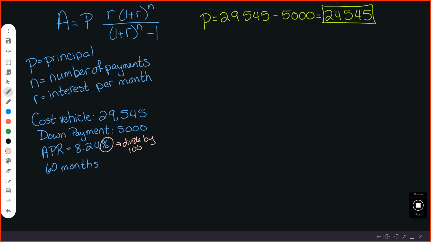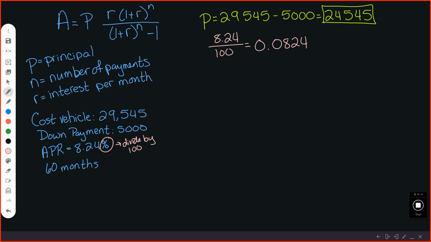So we're going to do 8.24 divided by 100, which is going to give us 0.0824. So that's our annual percentage rate as a decimal instead of as a percent, okay? So 8.24 per 100 is the same as this decimal that I've written here, 0.0824.